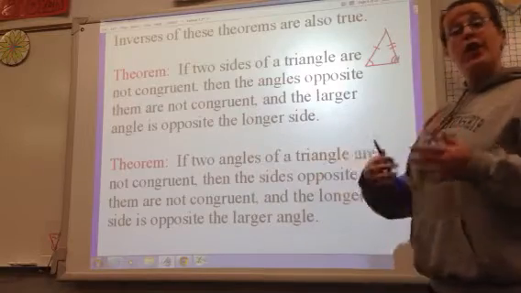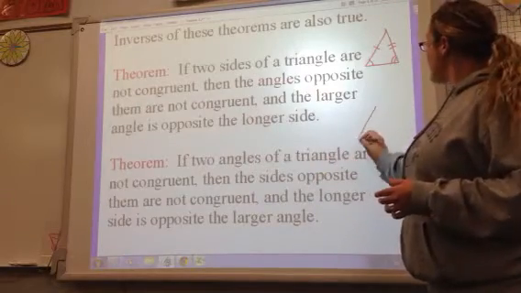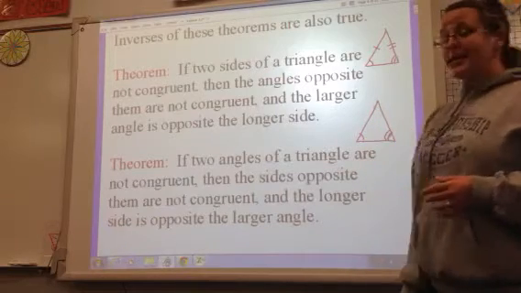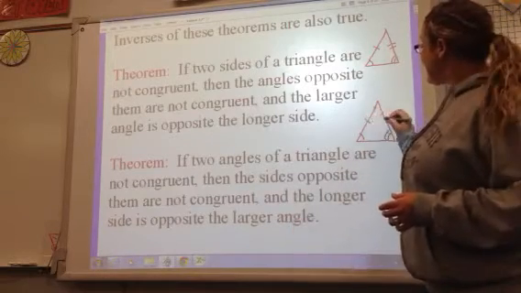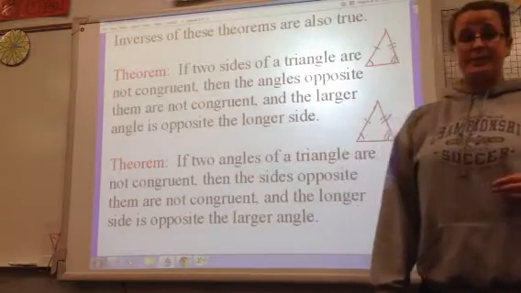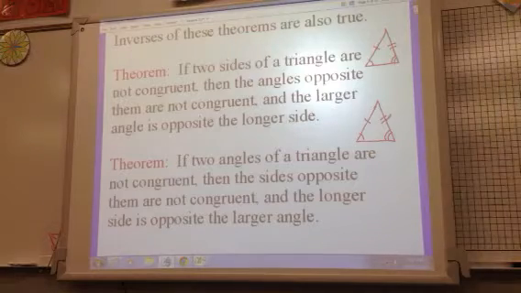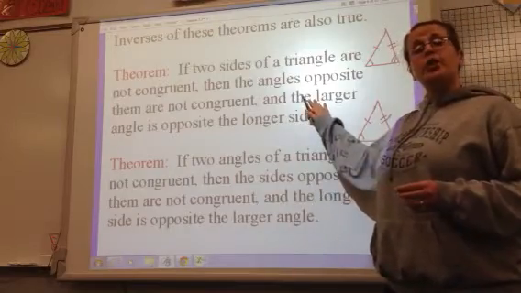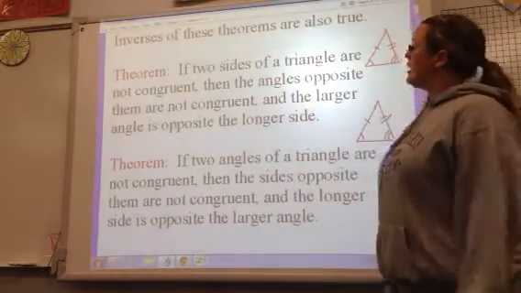And going along that same road, if I have a triangle and this angle is not congruent to that angle, then this side is not congruent to that side. We aren't really going to use these in our proofs, but it's still important to see that.